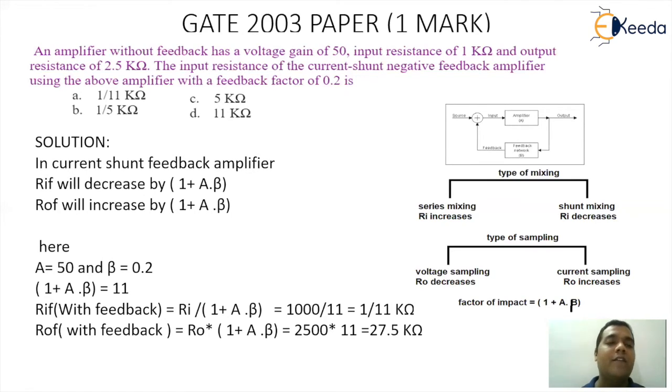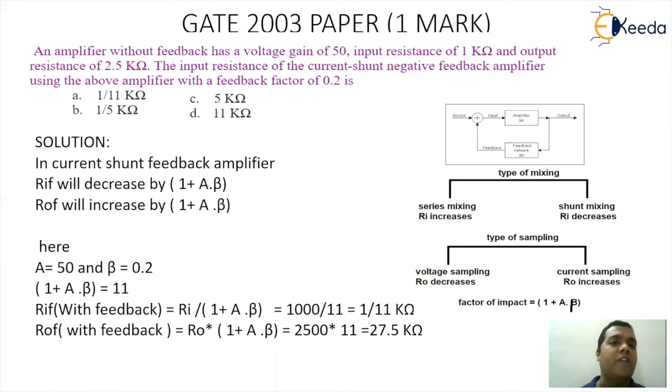The gain value is given as 50, the beta factor is given as 0.2, so 1 plus gain beta becomes 11. Since we are discussing the impact on input resistance, it will be Ri divided by 1 plus gain beta. So it will be 1000 divided by 11, which is 1 by 11 kilo ohm. So the correct answer is option A, 1 by 11 kilo ohm.